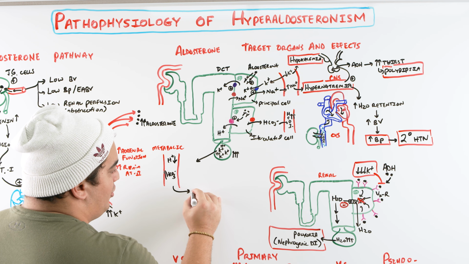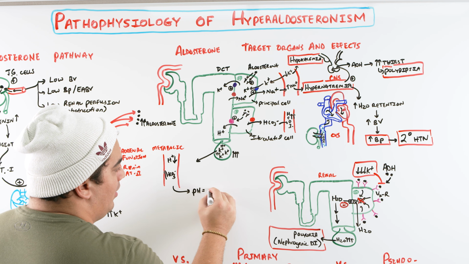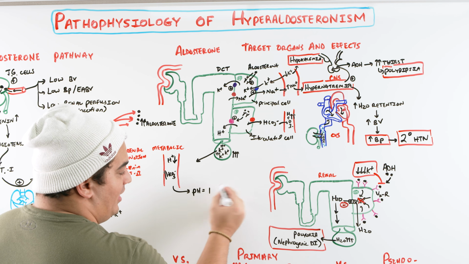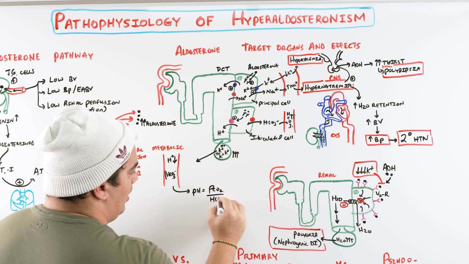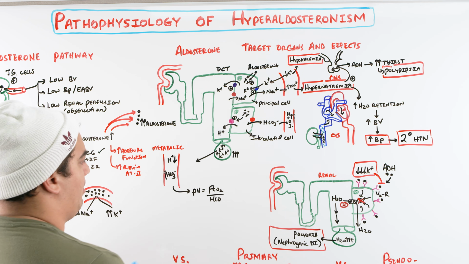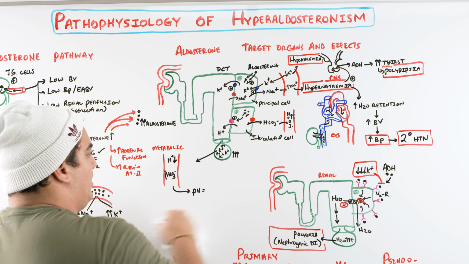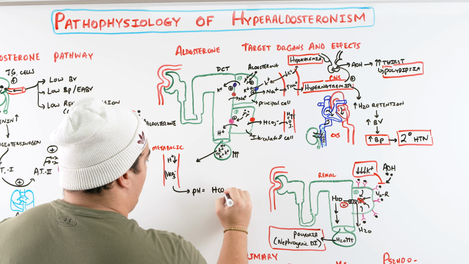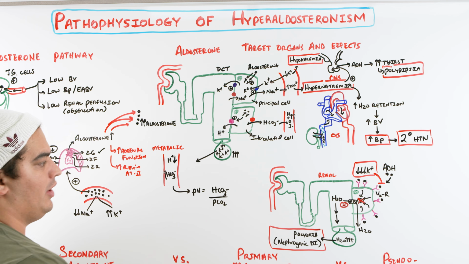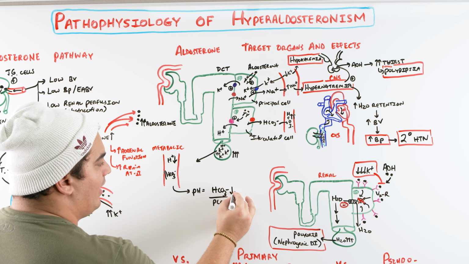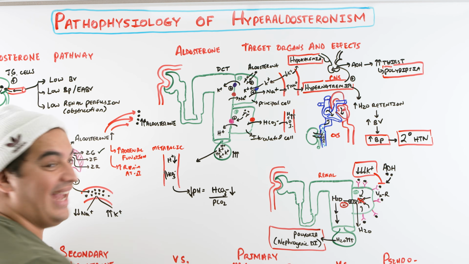Well, essentially, we know that pH is equal to, in the simple equation here, the bicarb divided by the PCO2. This is that modified Henderson-Hasselbalch equation. So what we know is that if you decrease the bicarb, you decrease the pH.